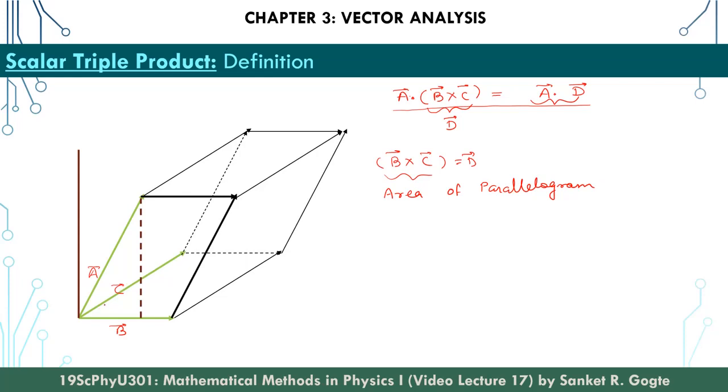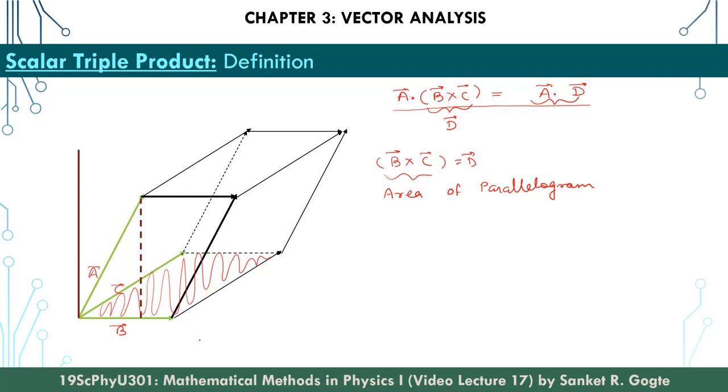So for vector D, its magnitude is the same as the area of this parallelogram, which is forming the base of the parallelepiped, which is formed due to the three vectors A, B, C. These three vectors A, B, C are now the edges of this parallelepiped.